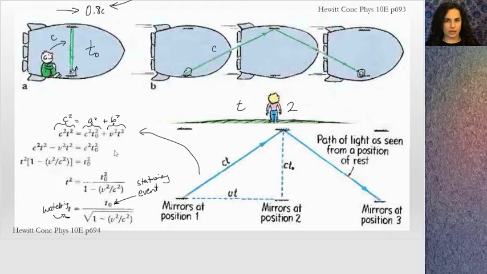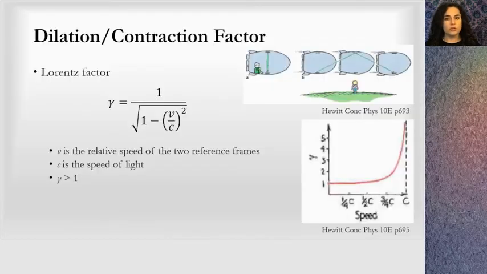It's just Pythagorean. But we had to assume one thing, that these two observers experience the same event in two different time periods. And that is where we on Earth would not necessarily think about this. The math suggests it. And so this is where the math goes, there's a dilation or contraction factor.